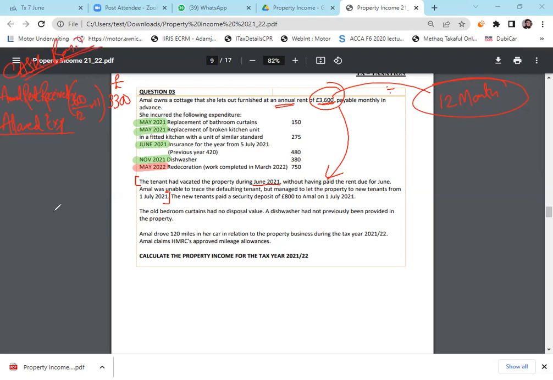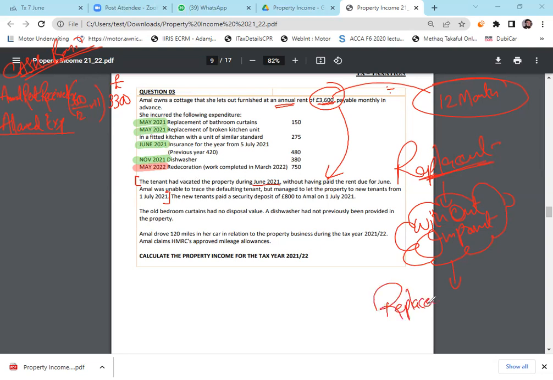The first expense is replacement. Whenever a replacement comes, you must see it without improvement, and the formula is replacement cost minus scrap value, right? Now, replacement of bathroom curtains.